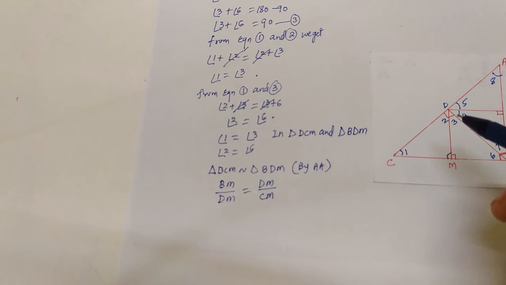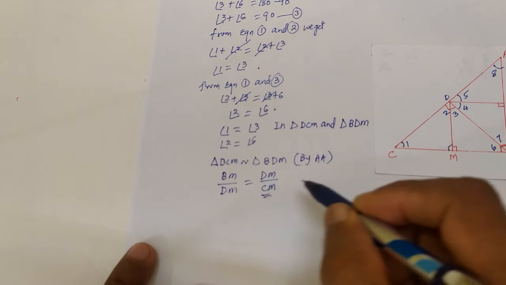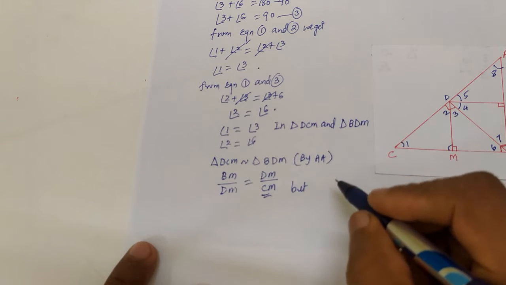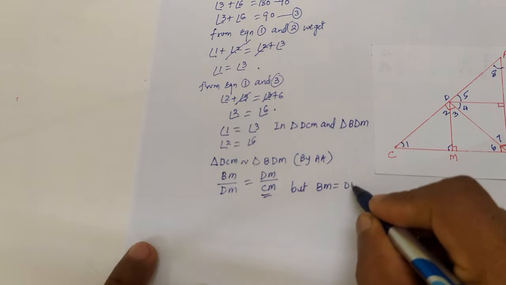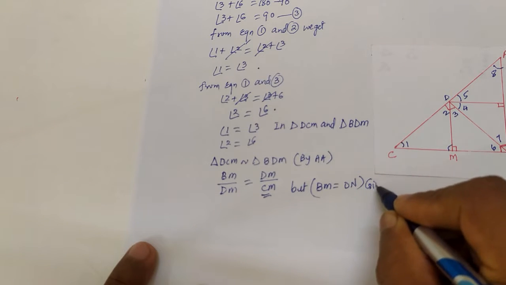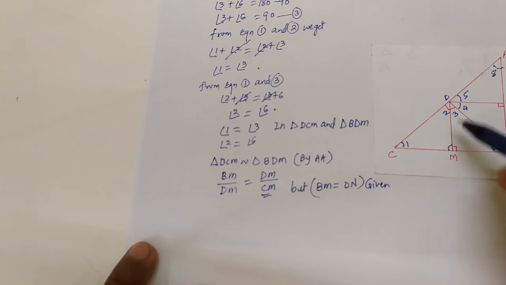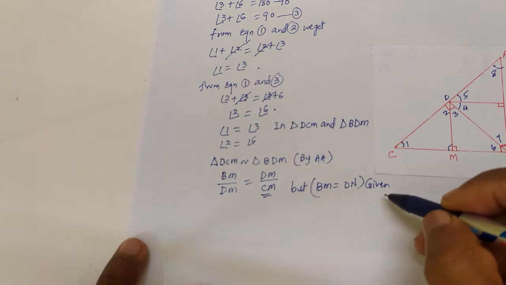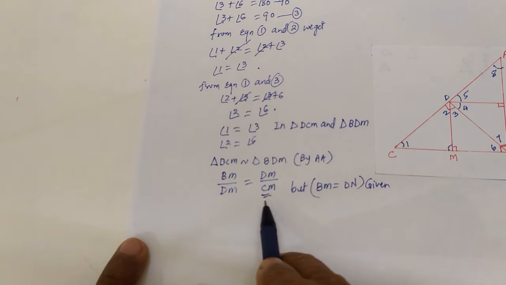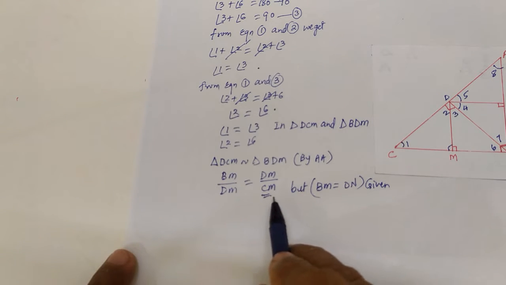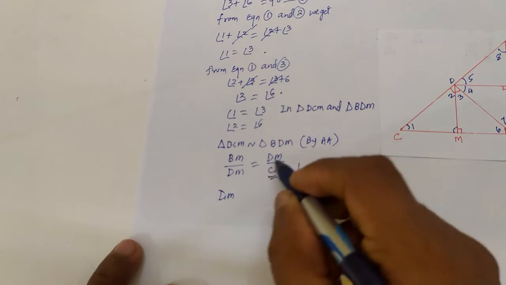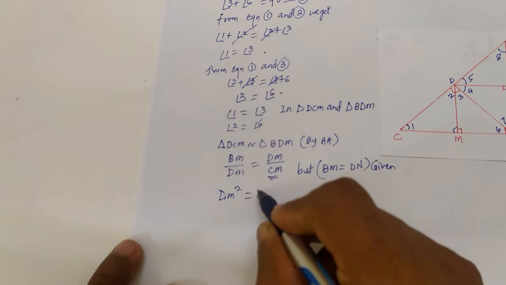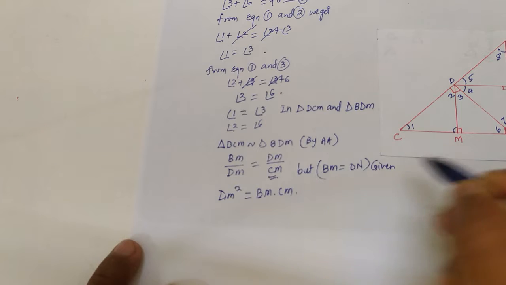But we have proved that BM is equal to DM. This is given to us, and therefore, instead of CM, we can write, so DM into DM is DM square is BM into CM.